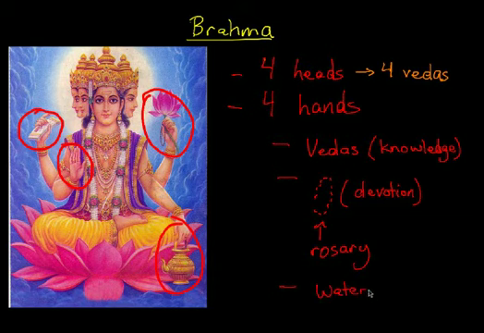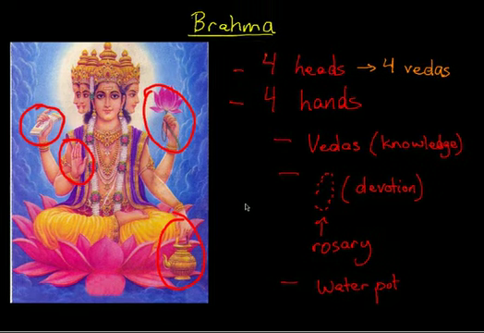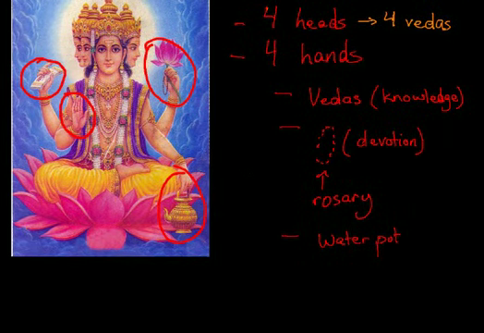Another main thing to point out right here, we see a lotus. Let's try green. So we see a lotus. A lotus symbolizes creation, because lotuses generally symbolize birth, or in Brahma's case, this divine birth.